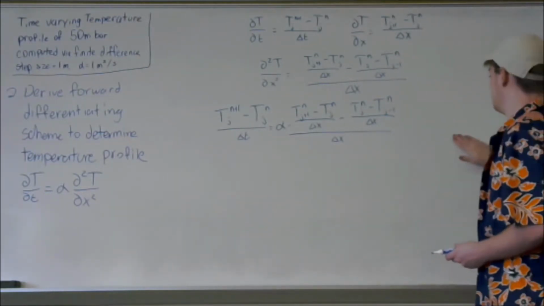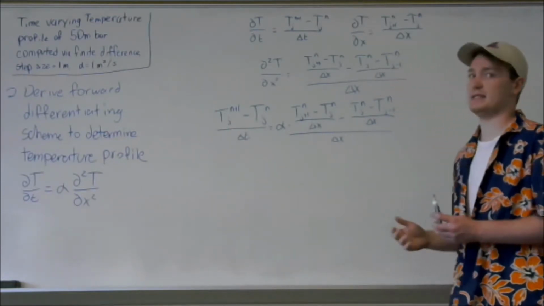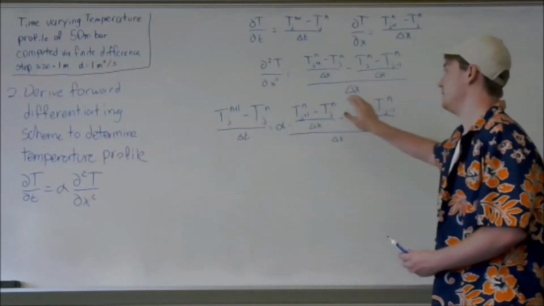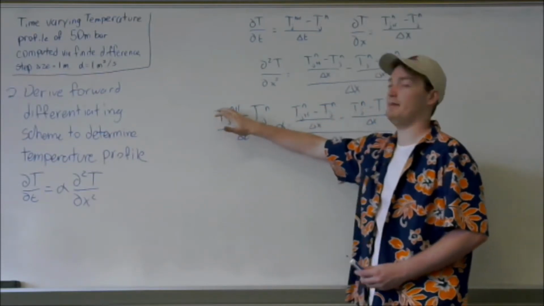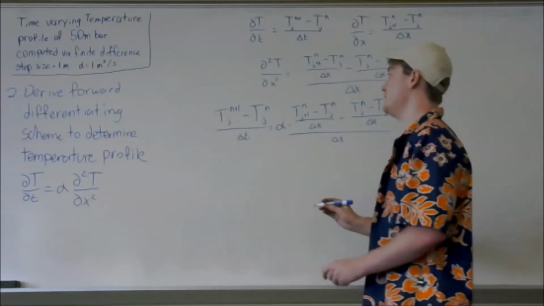Now what we want to do next is try and separate our temperature that has a different time variable. So everything here has a time of n, except for this first part here, it has a time of n plus 1. So let's separate that and put everything else on the other side of the equal sign.